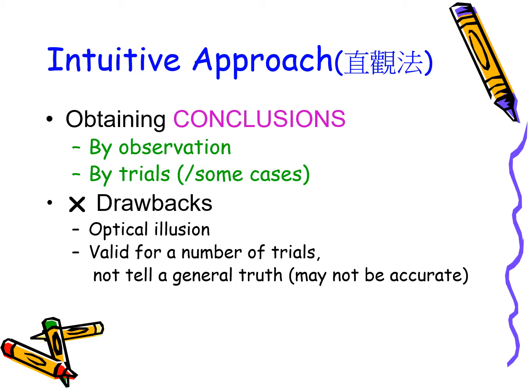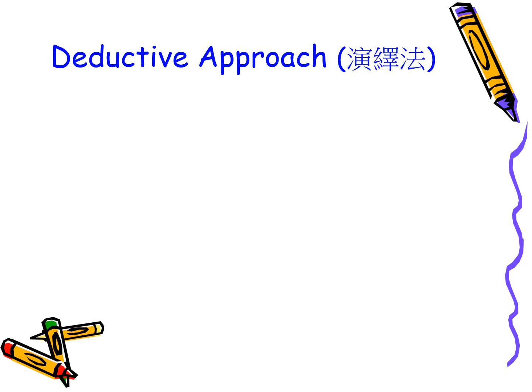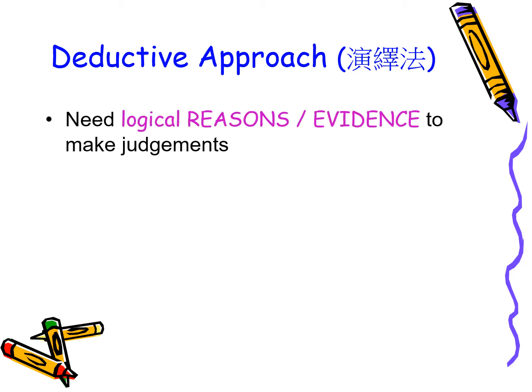There may be some optical illusion, 視覺上嘅錯覺, and the result or the conclusion may be only valid for a number of trials, but not telling a general truth. 即係淨係有一啲情況、有啲例子係啱嘅，但係唔一定對於所有嘅 case 都係啱嘅。So here we list some logical reason or evidence before we make judgments.